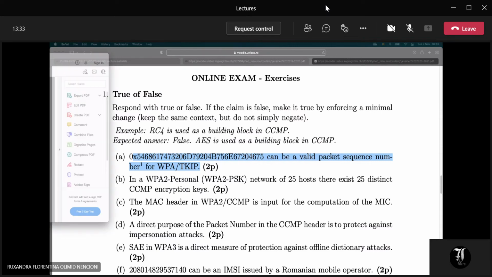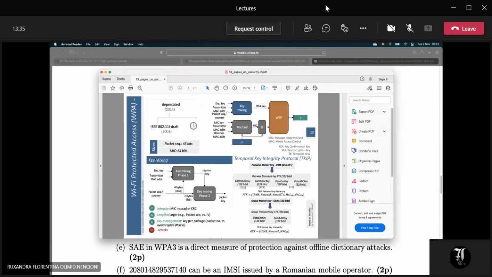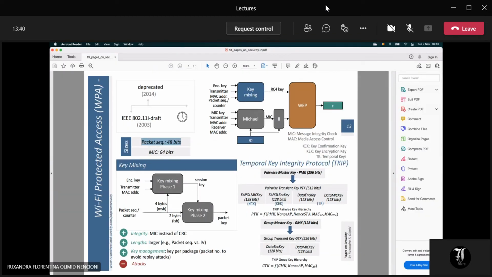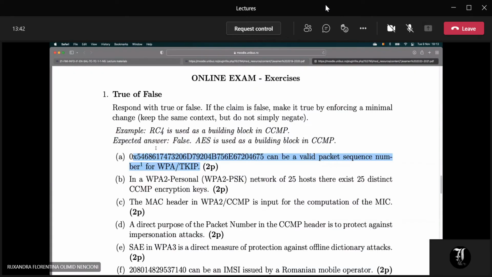One second. Okay, so it's here. We know that the packet sequence number is 48 bits. We were knowing that. So here it cannot be a packet sequence number because this number is not on 48 bits.